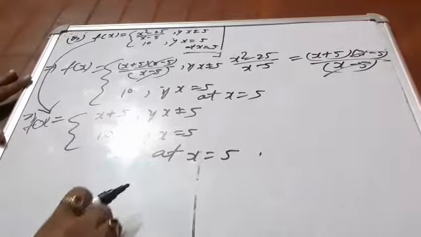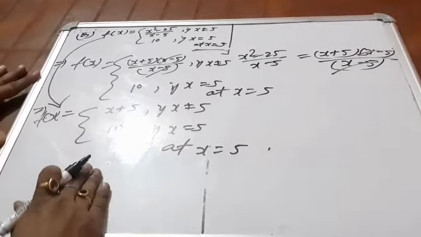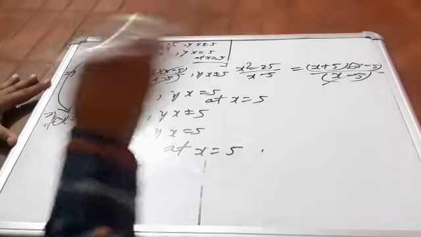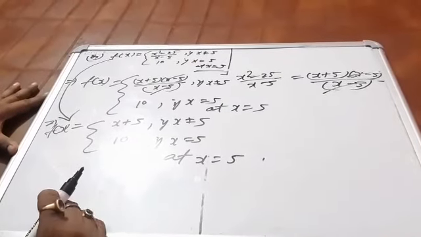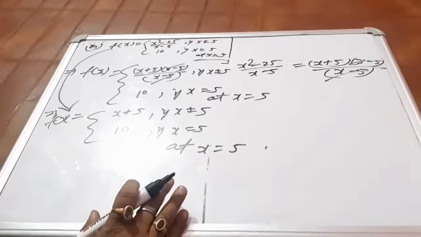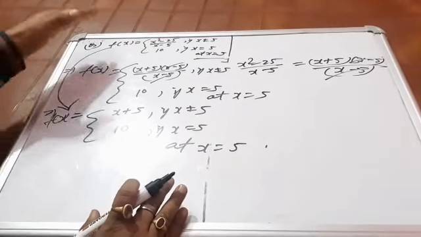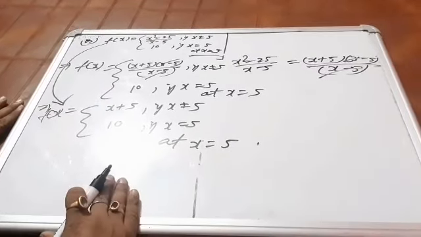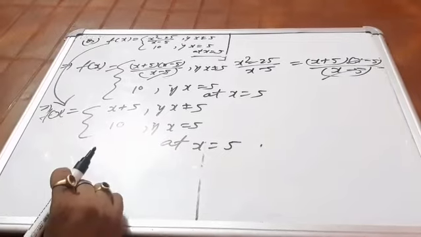After that, find the LHL and RHL values of the function. You know very well how to find them, and then send it to me. Do your problem. After this, just pause your video here and solve it. After that you know very well how to test its continuity.